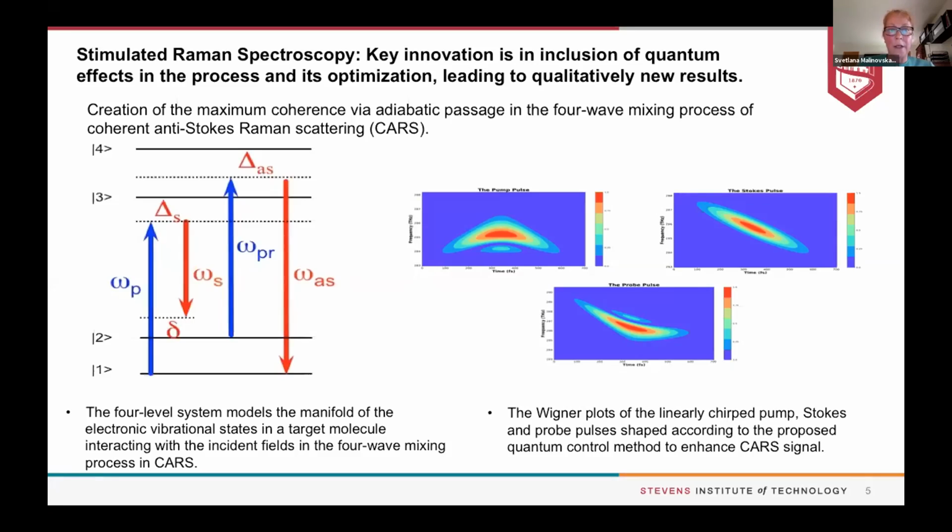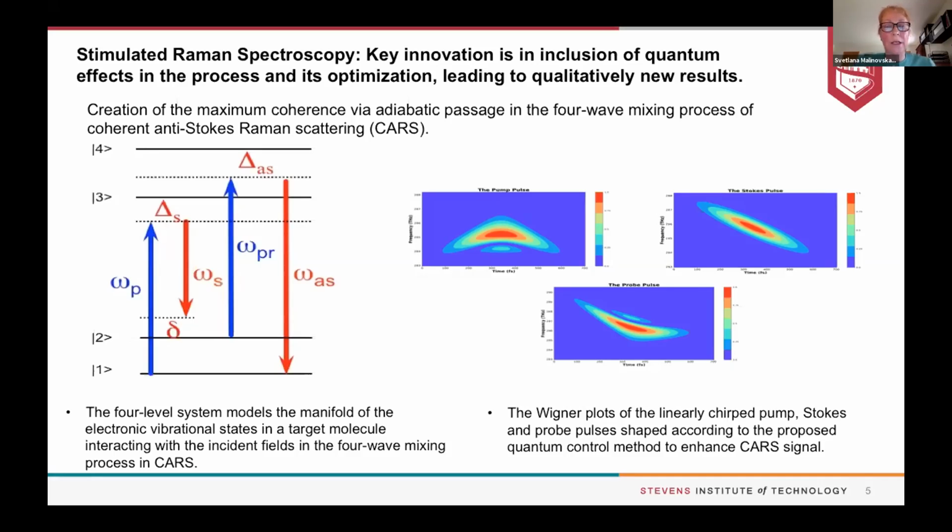Thus, working with quantum coherence and optimizing it is the route how we can enhance the Raman signal and bring the imaging to a qualitatively new level.